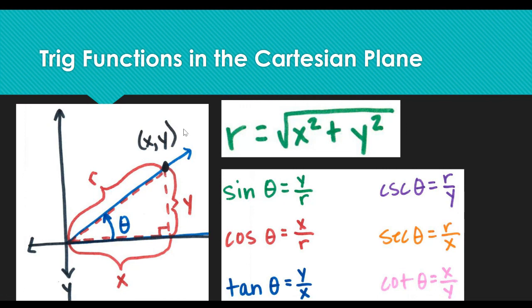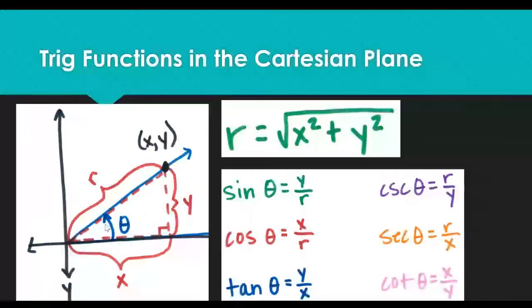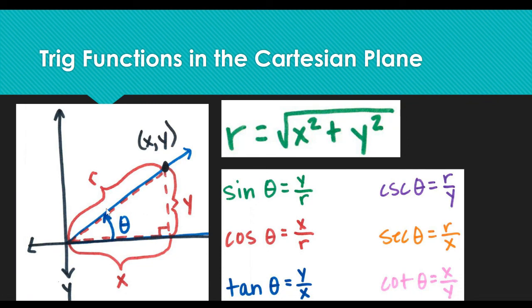So typically we have a point, an xy point, and that creates a triangle in the plane. The x is how far we move to the left or right. The y is how far we move up or down. And the radius, the r value, is actually always the hypotenuse of your triangle. We have this angle theta that's always created by the terminal side of our angle and the x-axis.